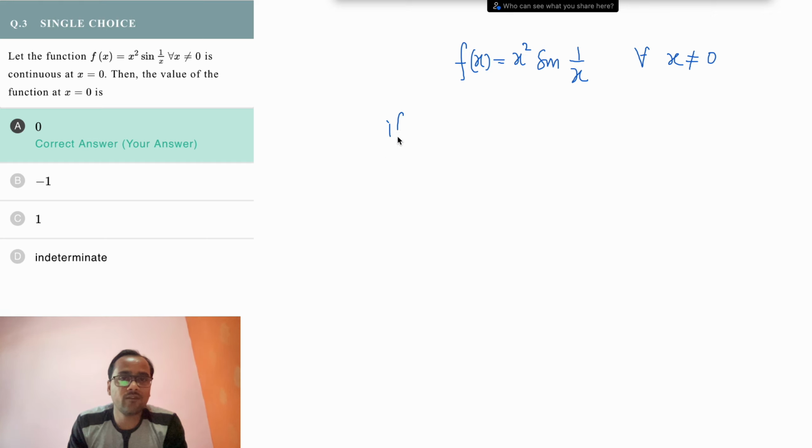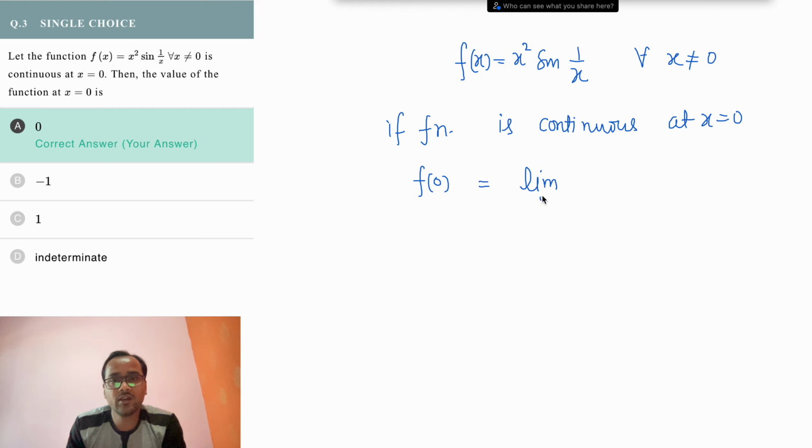See, if the function is continuous at x equal to 0, that means f of 0 will be equal to limit x tends to 0 fx. And they want the value of the function at x equal to 0. That means f of 0 is to be found.